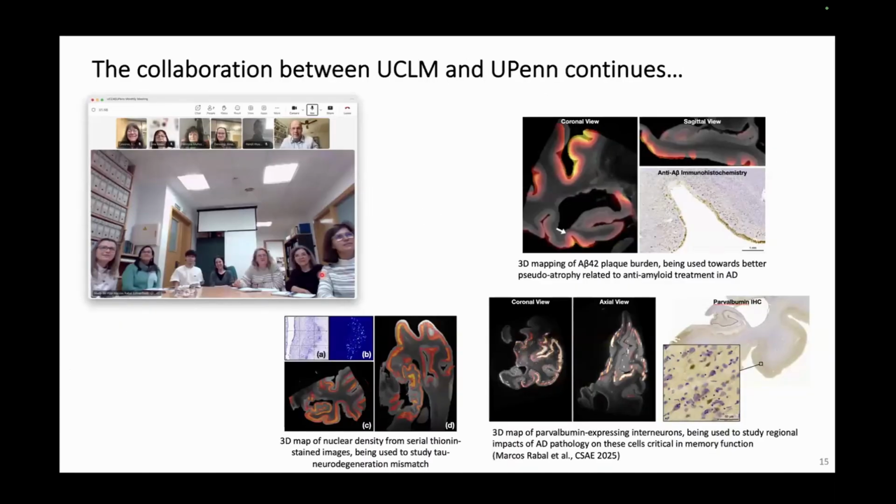So I want to close to say that this collaboration is never going to be the same without Ricardo, but I'm very happy to say that we are continuing to work actively together. This picture on the top left is just from yesterday when we had our monthly meeting with the UCLM and UPenn teams, and we have quite a few goals in mind.